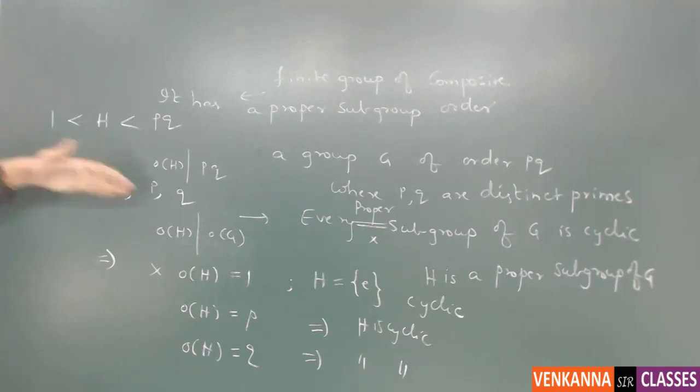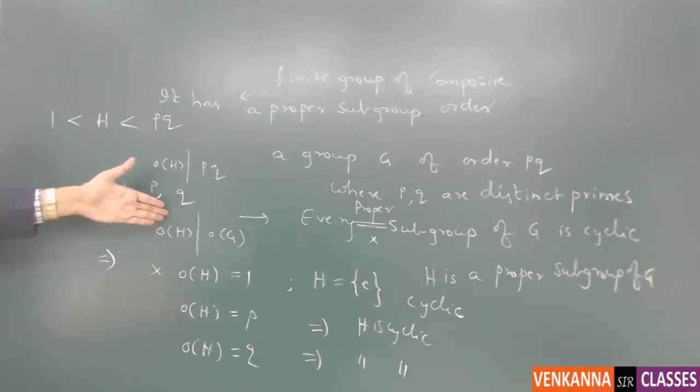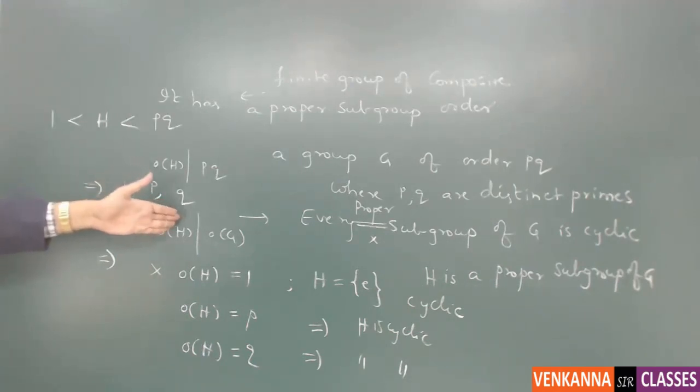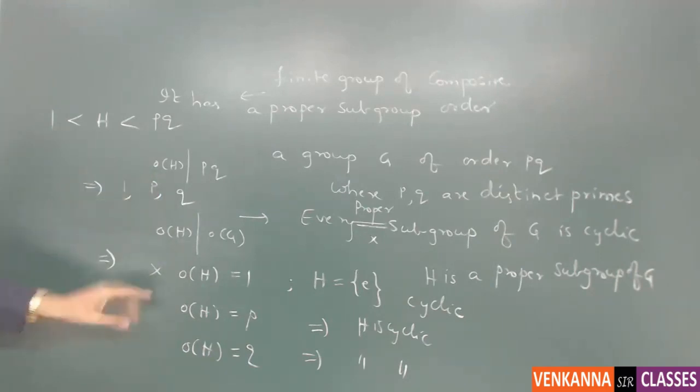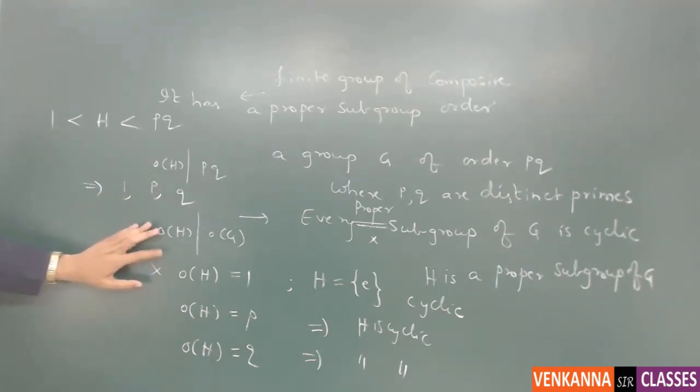Since we are checking the divisors of order of G, this case will happen while checking. This is also one possibility, but we don't take it into consideration because it is a trivial subgroup, apart from proper subgroups.